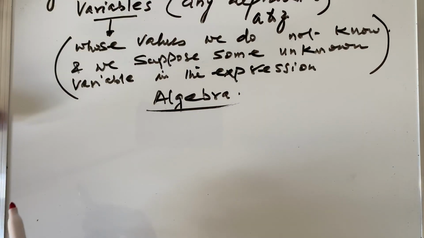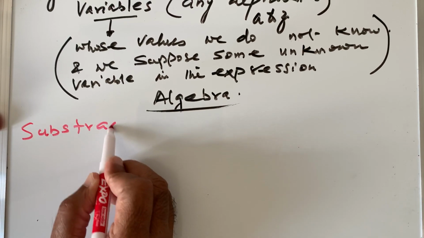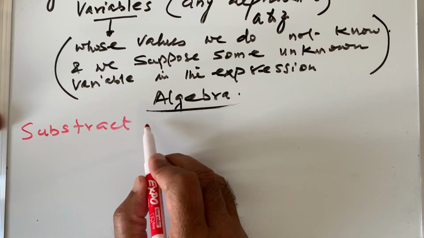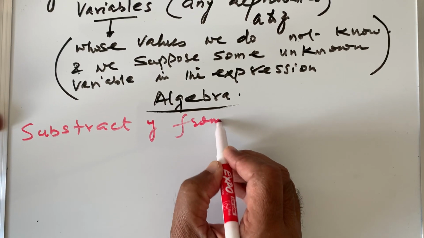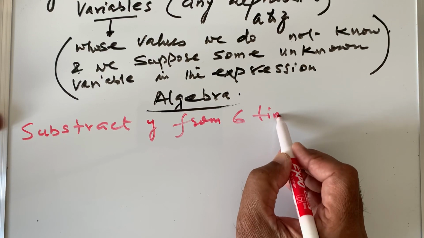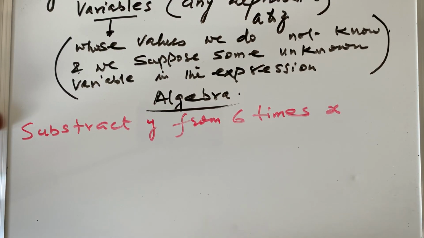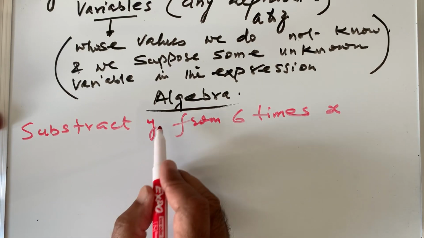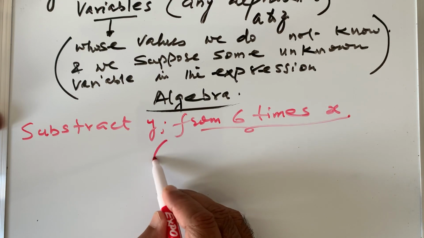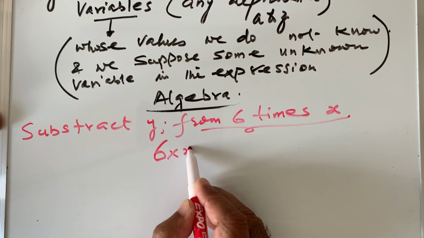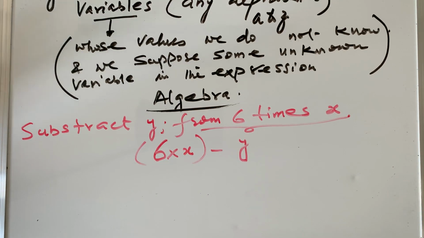Subtract y from 6 times x. So the statement is, subtract y from 6 times x, right? So now we read the statement: subtract y from what? From 6 times x. So this is 6 times x, and I need to subtract y, right?